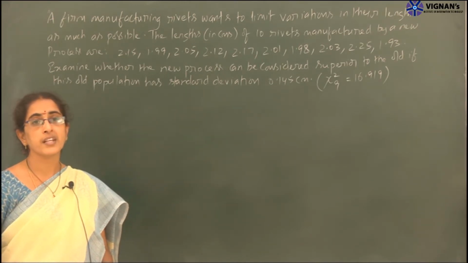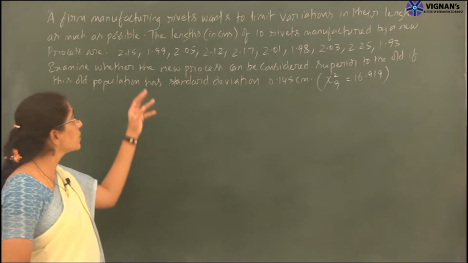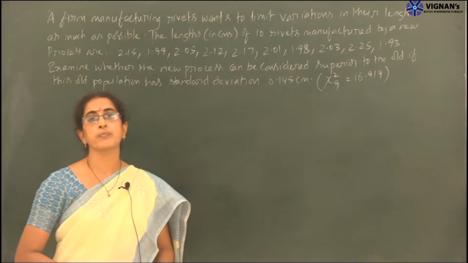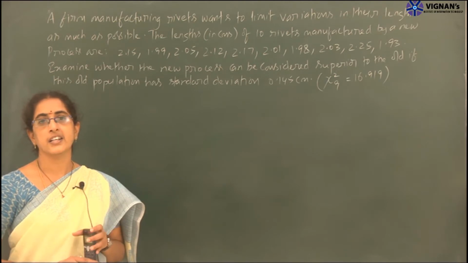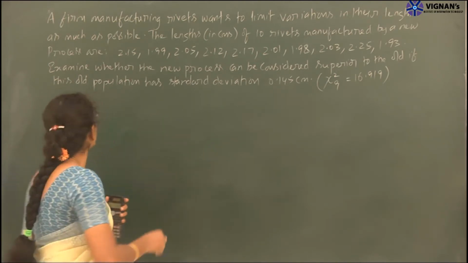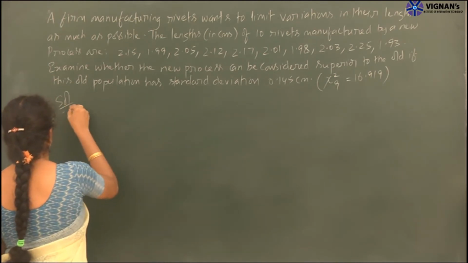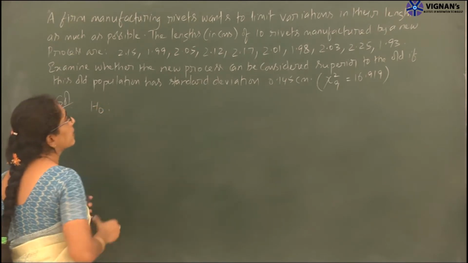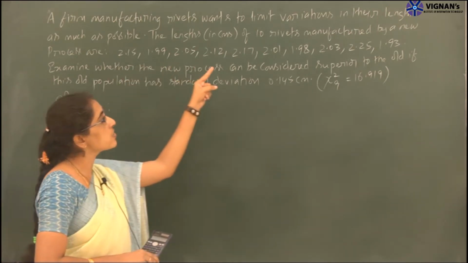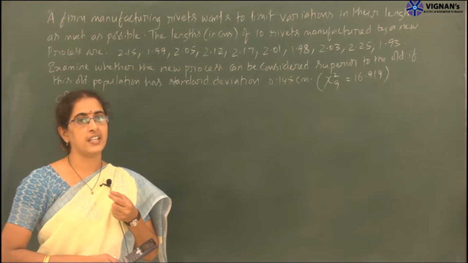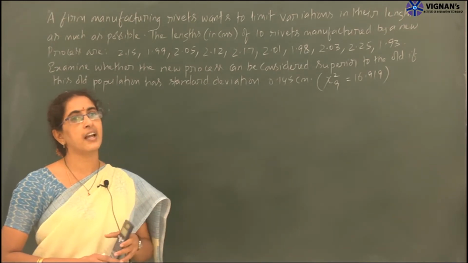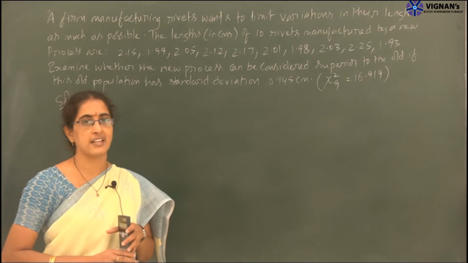Now this time the individual observations are given to us, so the sample variance is not given directly. Using these observations, we have to obtain the sample variance using the calculator under regression linear mode. First we have to frame the hypothesis. Here they want to limit variations in their length, so they are asking about the variation. So we have to take the hypothesis of variance, not for standard deviation.